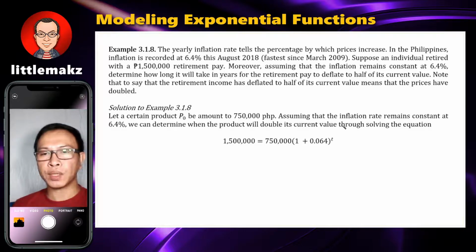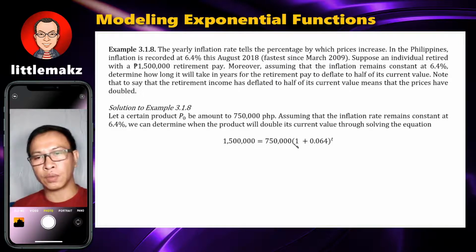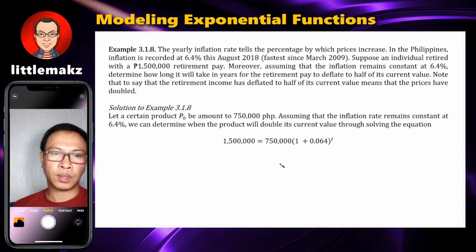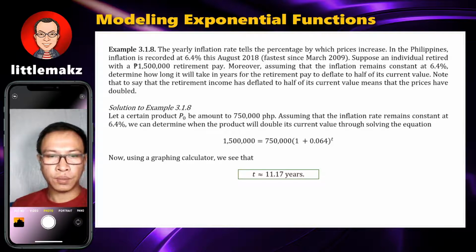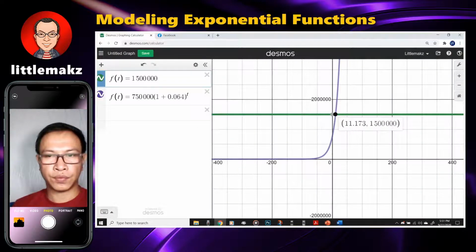Assuming that the inflation rate remains constant at 6.4, we can determine when the price will double its current value by solving the equation. So we are now going to look for the time, the t in this case. Again, from there, we use the graphing calculator and we find it to be 11.7 years as shown in this graph. I know that you could also do it yourselves in that case.